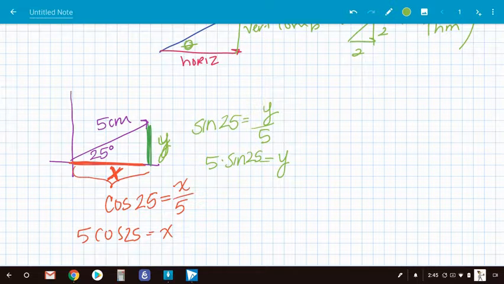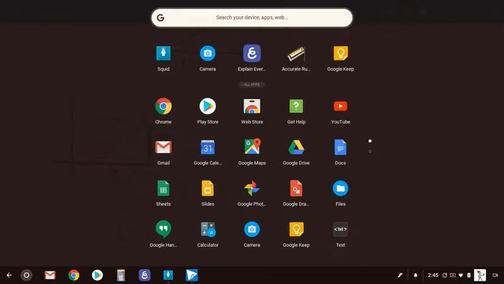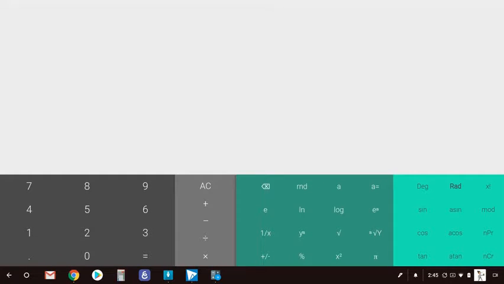Okay. So since I'm using my screen recording, I think I could use my calculator to go 5 cosine 25. I think it has this on it. So 5, and you should be in degrees if you're using degrees. That's not working out well, is it?